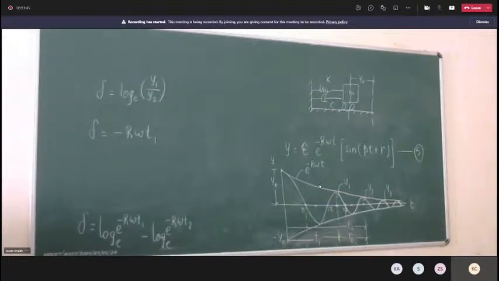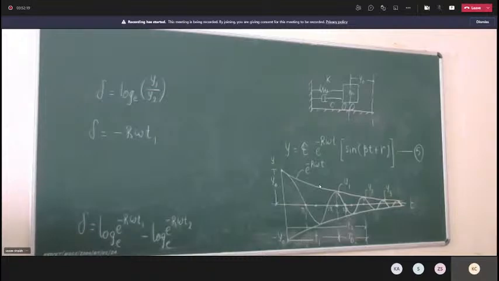You should get the answer 2. ln e raised to 2 is 2.